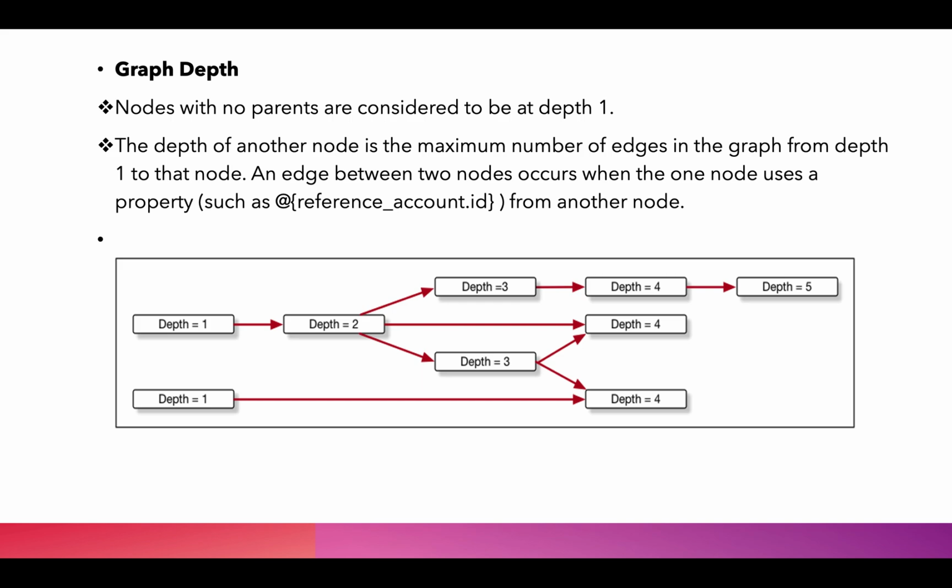An edge between two nodes occurs when one node uses a property such as reference underscore ID from another node. Suppose we are sitting on this particular node, which level of depth is it coming up to? First, second, third, and fourth. That's why it is mentioned as depth equal to 4. Similarly, first, second, and third, this is the depth of 3 for this particular node, and similarly for the depth of 5.